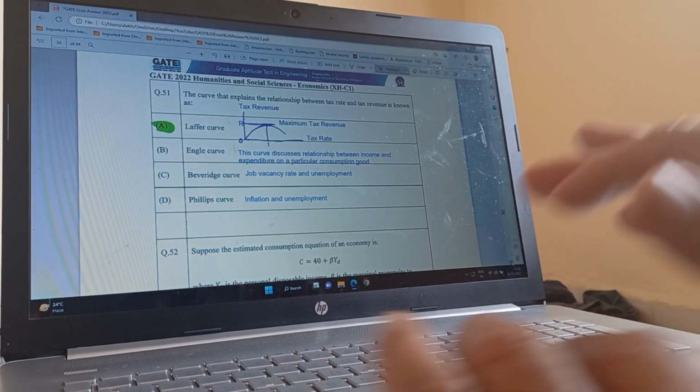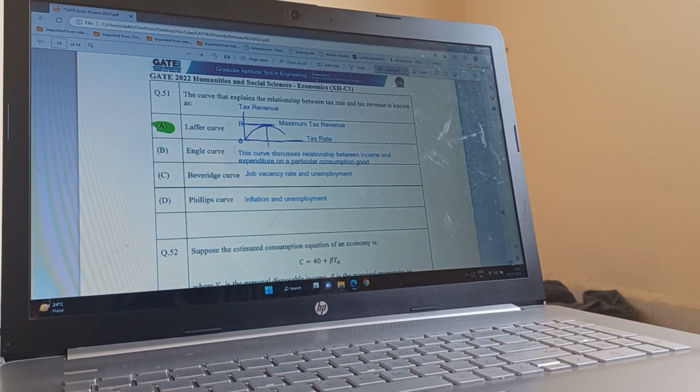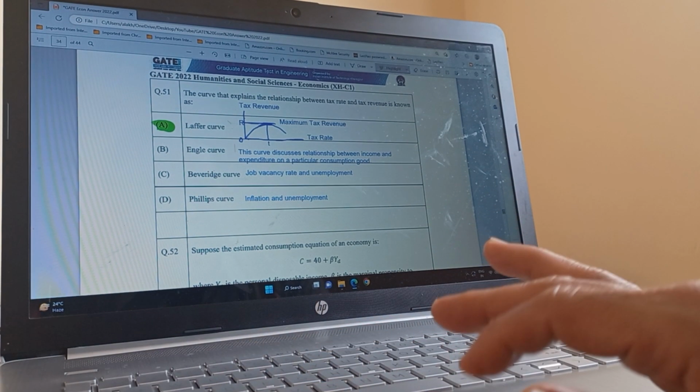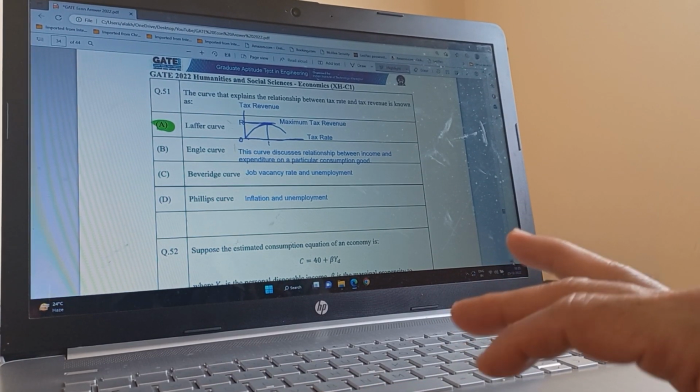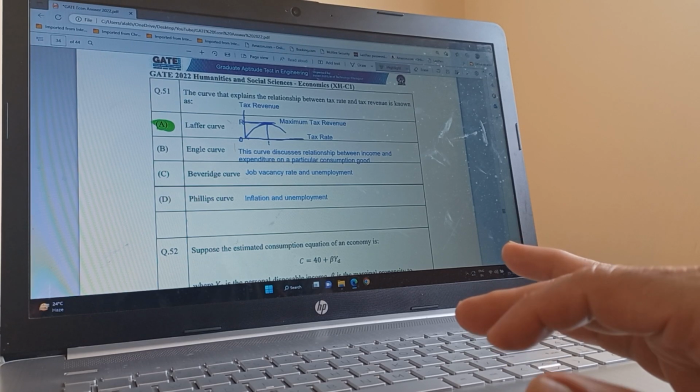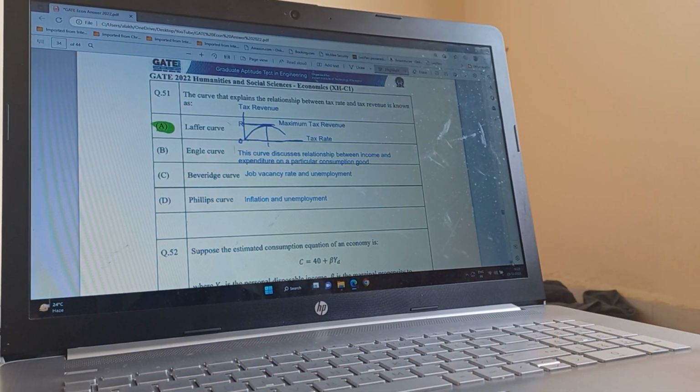Now the next question is: the curve that explains the relationship between tax rate and tax revenue is known as. So the correct answer is Laffer curve, and Laffer was having dinner with officials and press people. He was an American Treasury Secretary, which is equivalent to the American Finance Minister.